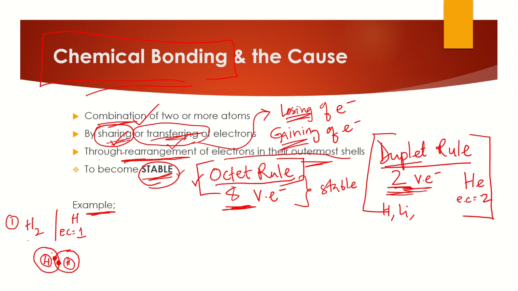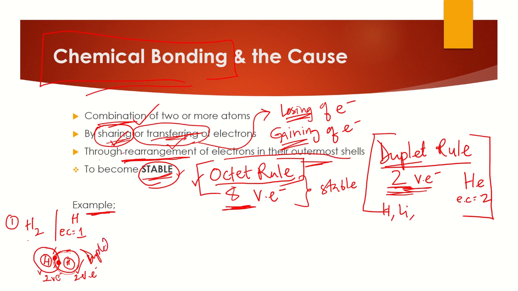Now let me count the number of electrons present in the first hydrogen: 1, 2. Now the electrons present in the second hydrogen: 1, 2. So what has happened here is both of the hydrogen atoms got 2 valence electrons.